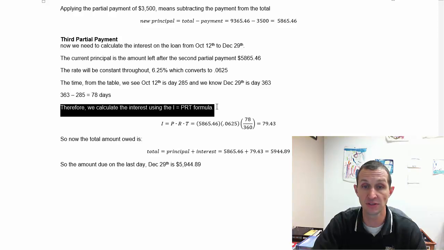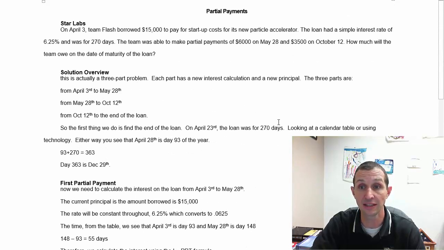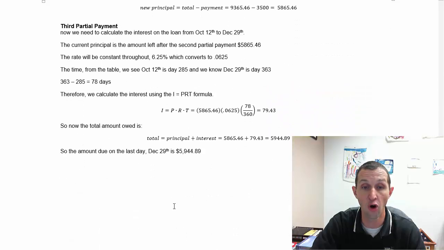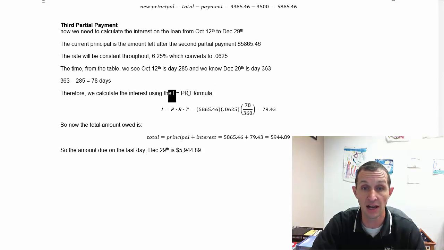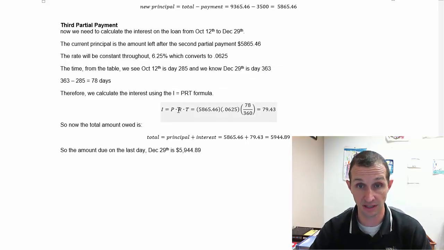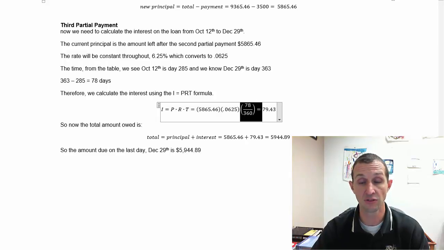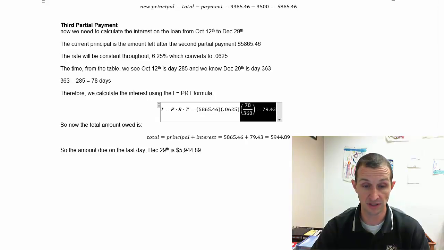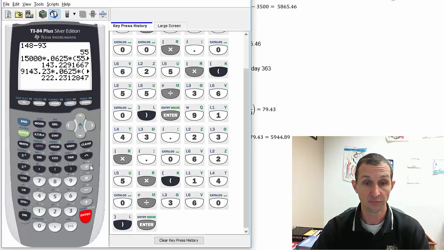Therefore, we calculate the interest using the I equals PRT formula because, again, we are not doing anything but a simple interest rate. And a simple interest rate always has I equals PRT. Okay? Not until we get to the compound interest do things get a little more complicated. So again, I'm plugging in with the 78 over the 360 to get $79.43. So let's do that real quick. Right?